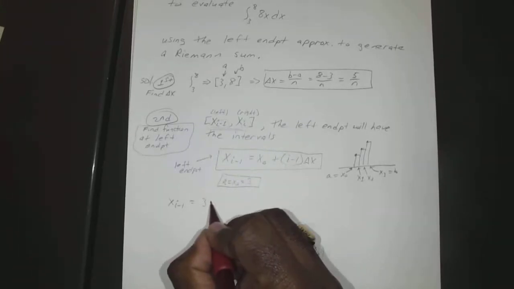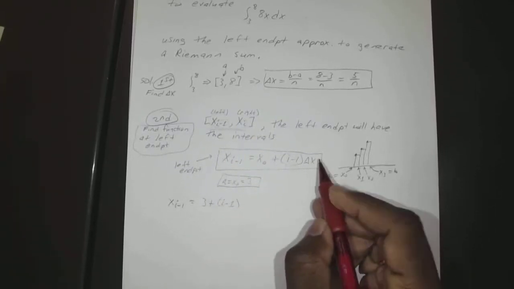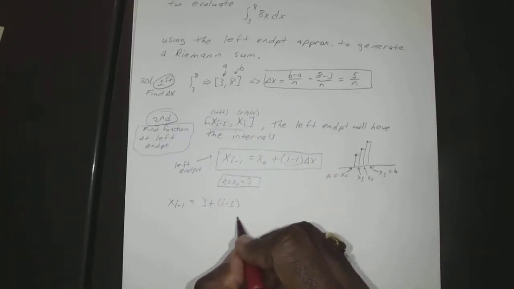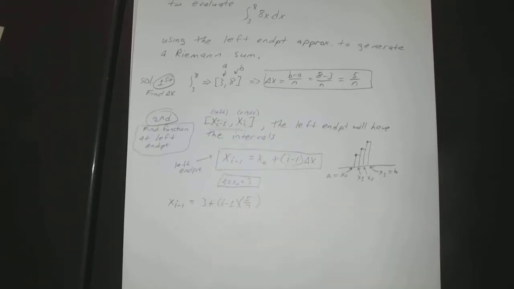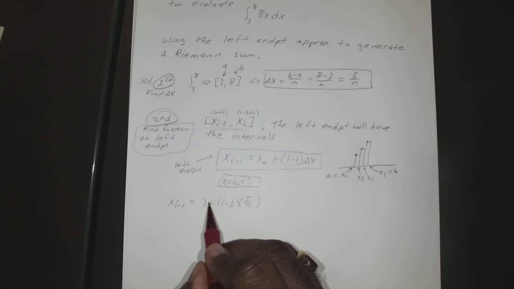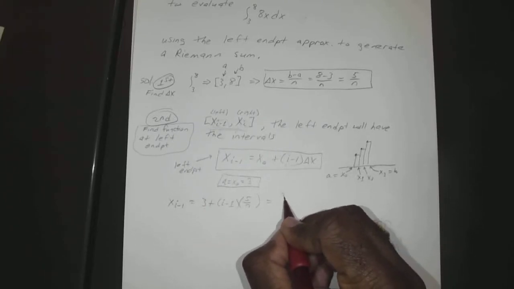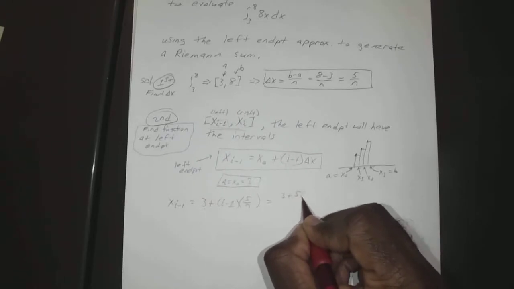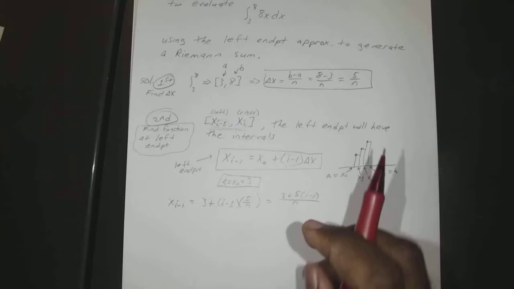So that's going to be 3 plus i minus 1 times delta x, which is 5 over n. If we made this 3n over n, we can make it equal 3n plus 5 times i minus 1 over n. Oh, 3n, sorry about that.